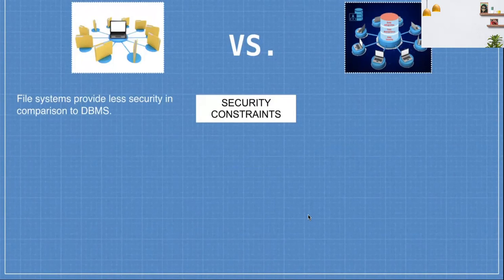So let's say sa management, management can access confidential data such as salary, other confidential data of the employees or the students. And also in DBMS, there is the concept of access level.